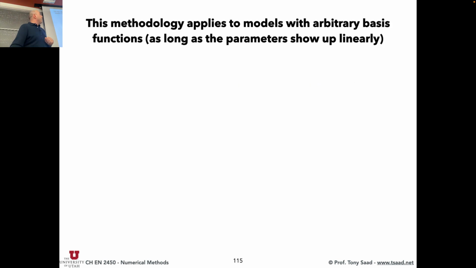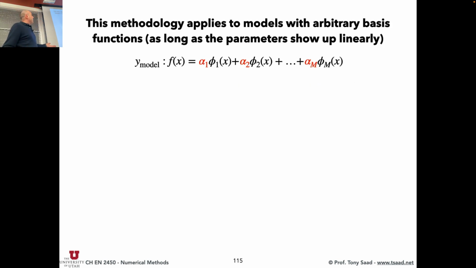Okay. So in general now, this methodology also applies to an arbitrary model, not just with two basis functions. You could have an infinite number of basis functions. You follow the same procedure, and here's how it looks. If your model consists of m parameters, alpha 1, alpha 2, alpha 3, alpha 4, up to alpha m, and m basis functions, the number of parameters needs to be consistent with the number of basis functions.